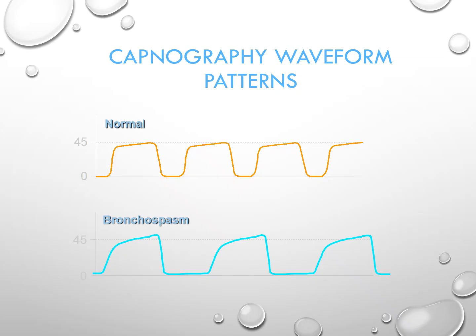With the bronchospasm, because there is this obstruction, a steady state is not readily achieved. The patient is going into the next breath before they're able to plateau, and this classic shark fin depiction can often be seen.